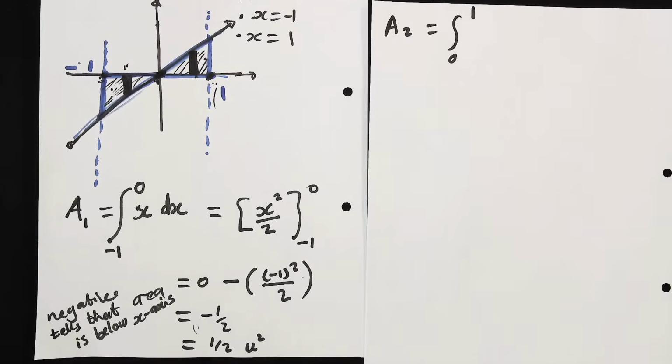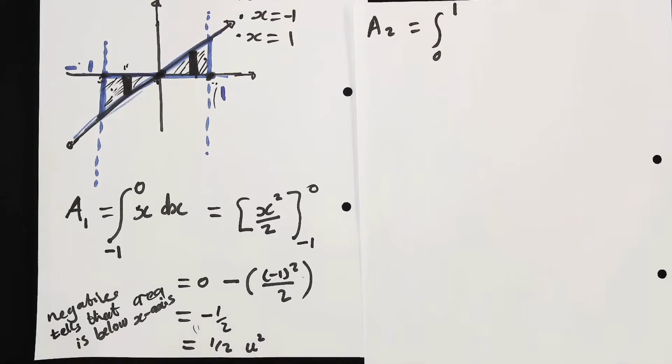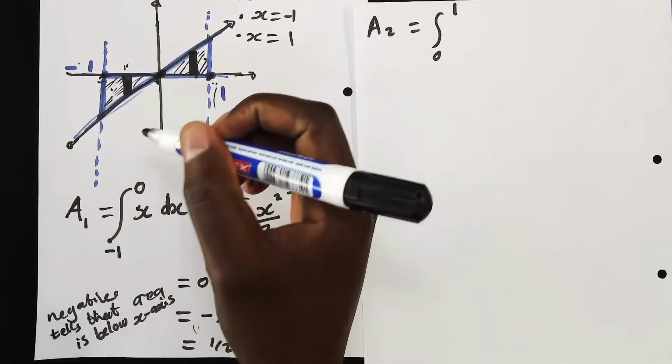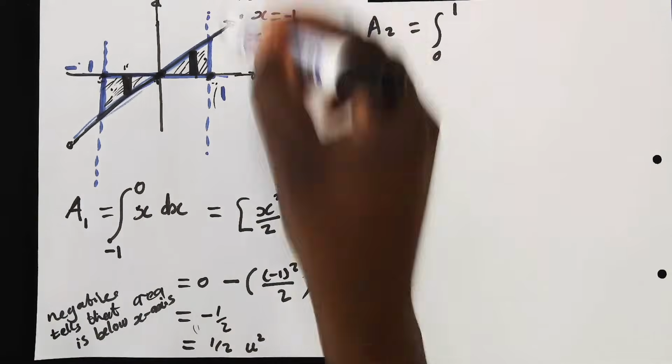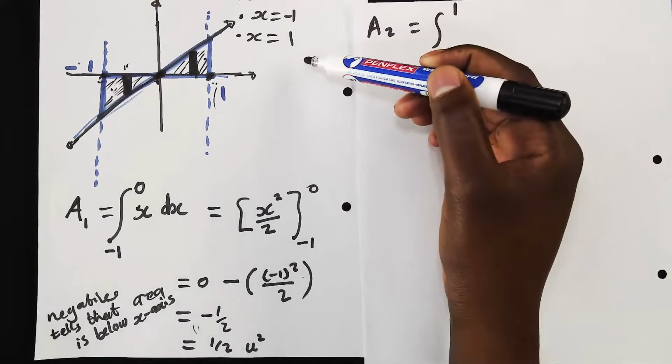Because the area is bounded between 0 and 1 by the line x equals 0 and x equals 1, the function and the x-axis, that rectangle. How do we find that? It's based on this. So you see, I wrote down how it is bounded.